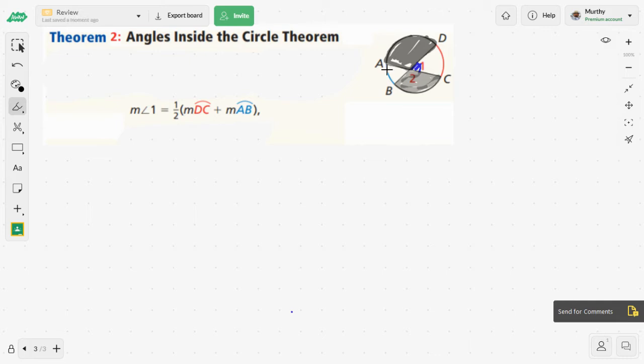In the given question, you're asked to think of angle 1, so this is the area associated with angle 1. I have to consider arc DC and arc AB. So the measure of angle 1 equals half of the measure of arc 1 plus arc 2.